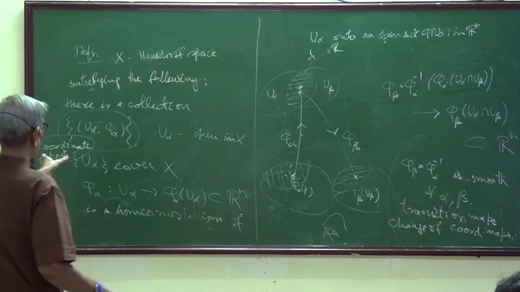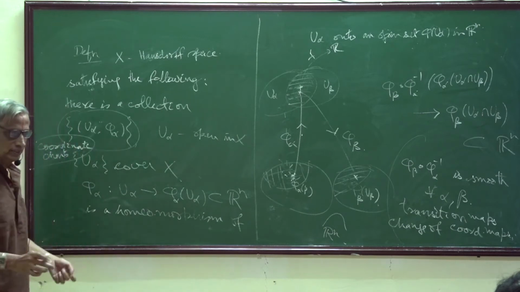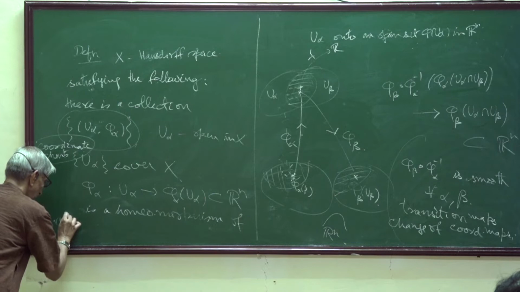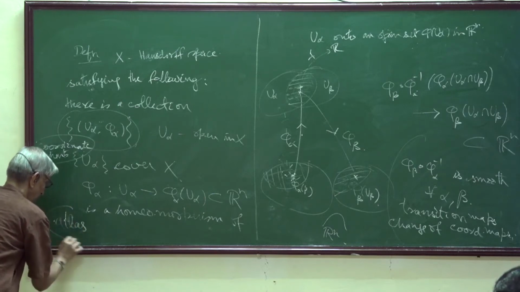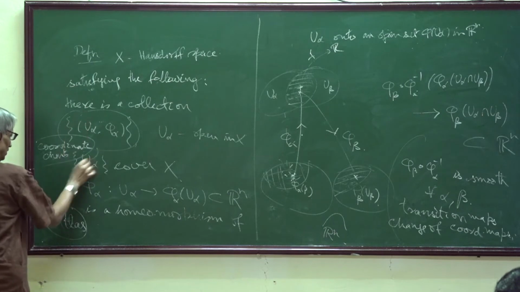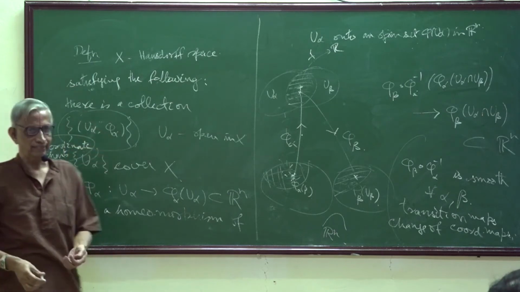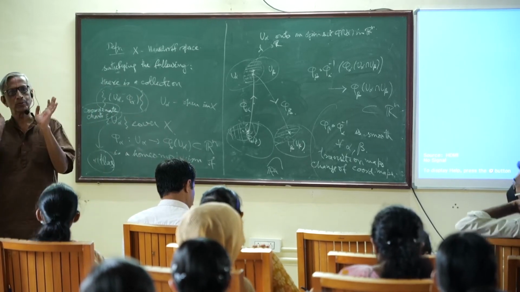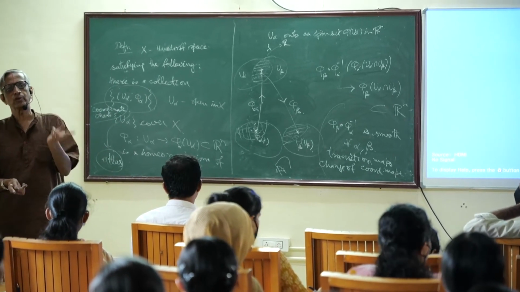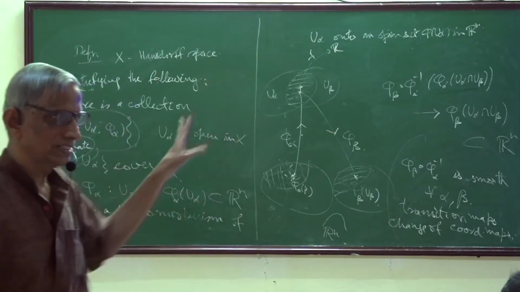The collection of all these coordinate charts, the collection u alpha phi alpha, is usually referred to as an atlas. So you have a collection of coordinate charts which cover the whole space, so that all change of coordinate maps are smooth. That's the setting that you have.